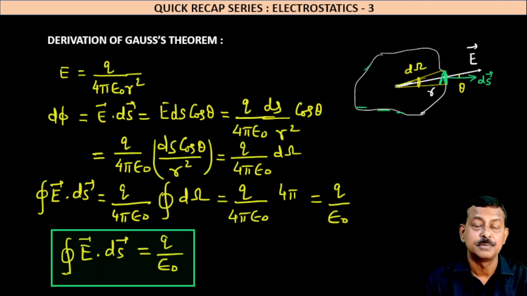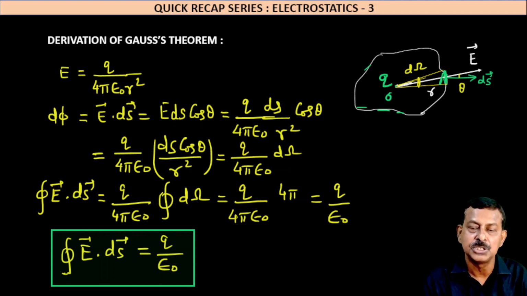Let's take a derivation of the Gauss theorem. We have taken a charge, suppose q, at the point O. So this charge is inside a closed surface, which we have shown here.